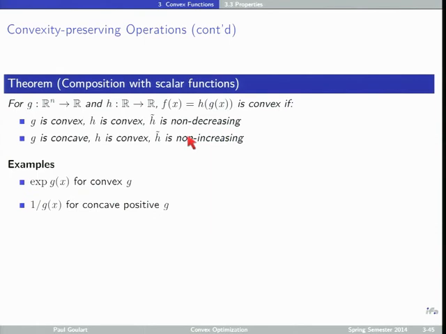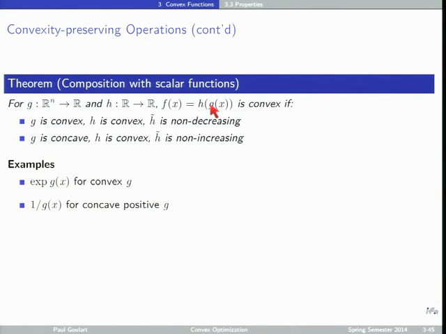Now the other thing I can do is I can try to combine my functions together. This is called composition. So if I have scalar functions, and if g and h are both convex functions, where h tilde is the extended value version of the function, it basically says that if I take a convex function g, and I stick it inside another convex and non-decreasing function h, I maintain convexity.